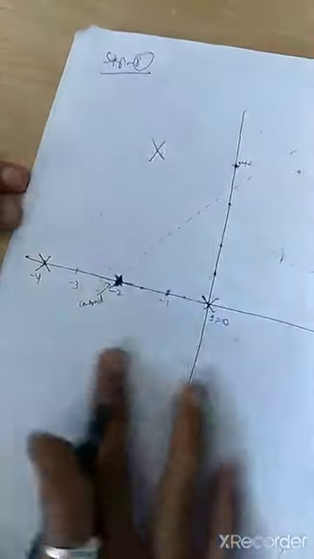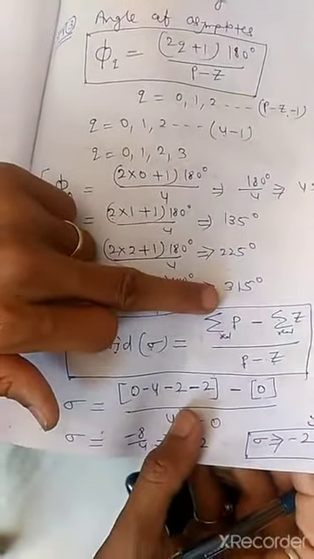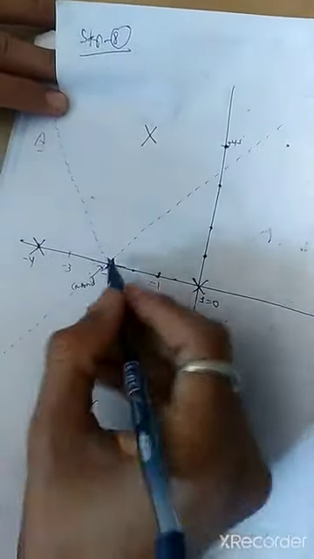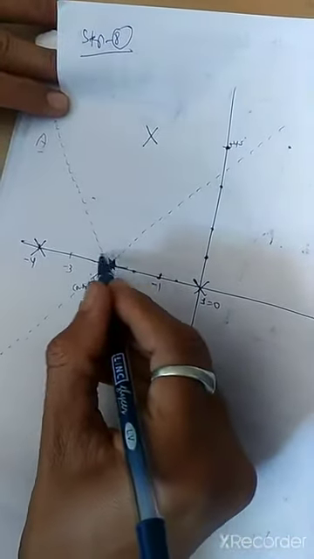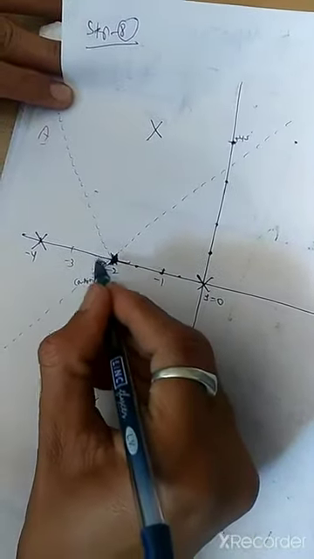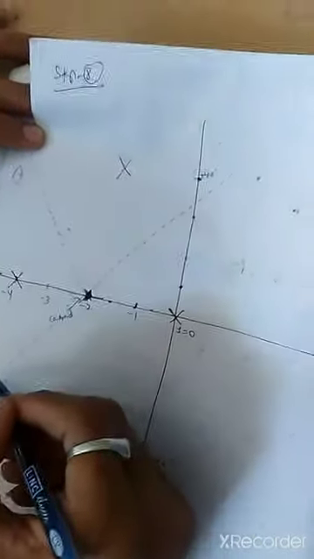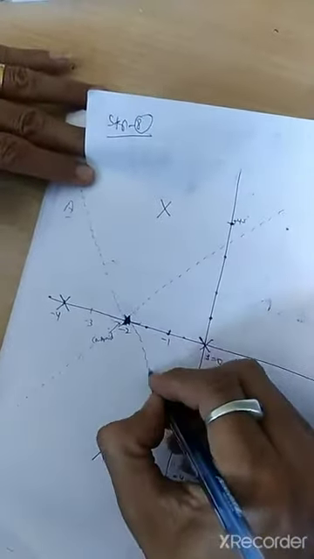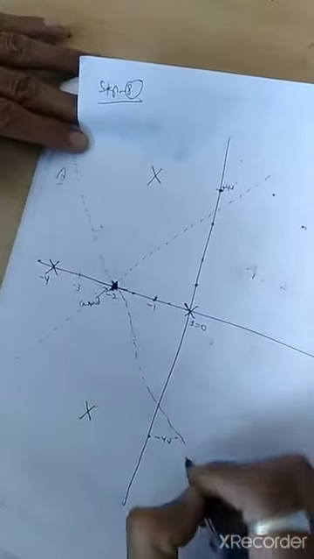One angle of asymptote is 225 and one is 315. Here 225 is maybe like this one. The angle from this side to this side is 180 plus this angle, 45. So 180 plus 45 is 225, and the last one is 315 degrees. So these are the angles of asymptote.